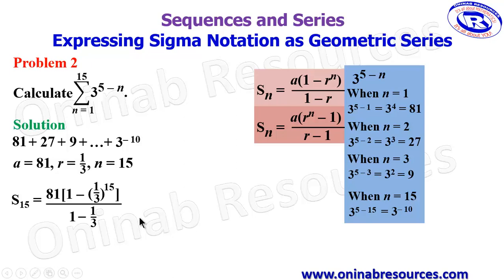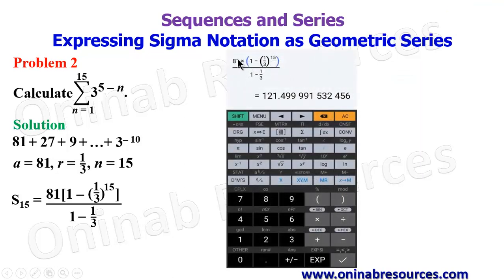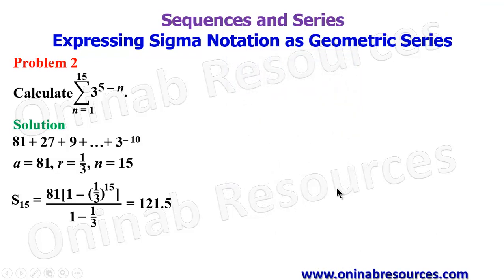We can input this in our calculator: 81 times open bracket 1 minus 1 over 3 raised to the power 15, close the bracket, over 1 minus 1 over 3. You hit the equality or the enter button. We have 121.499999, which is approximately 121.5. And that's all for the solution of problem 2.